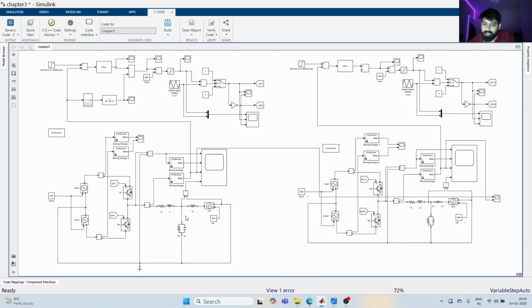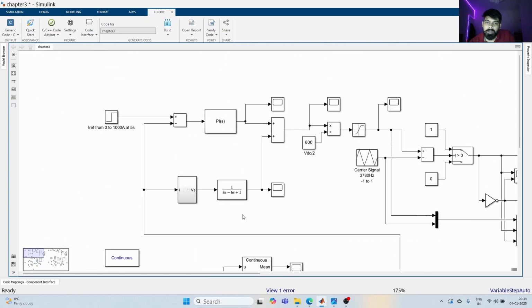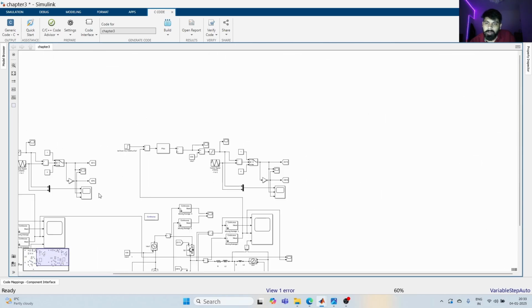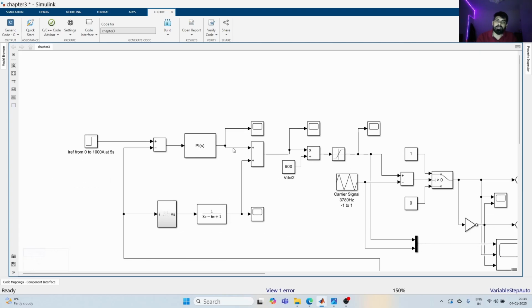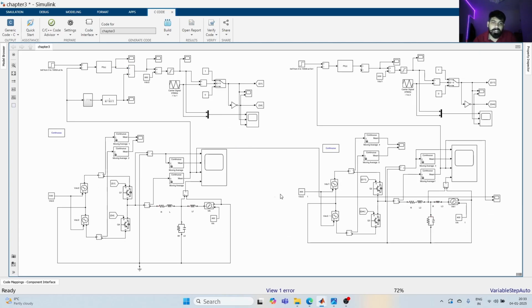Now what we'll do is, for that initial transient, it's still seeing a higher voltage here, and the voltage at the terminal of the converter starts from 0, and that's why there's a huge current flowing across it, and it has oscillations because of the poor damping characteristics of the AC system.